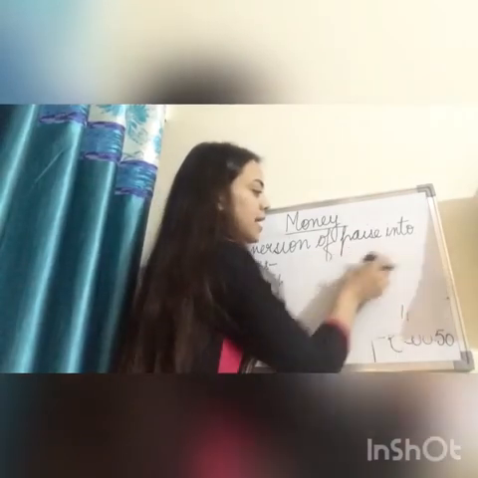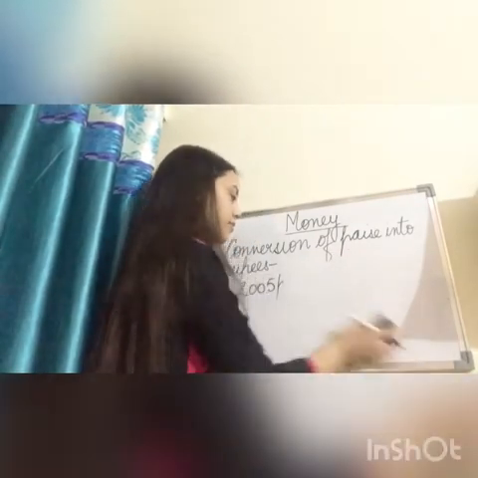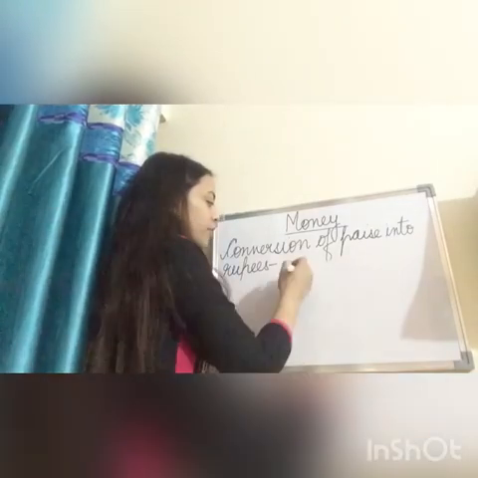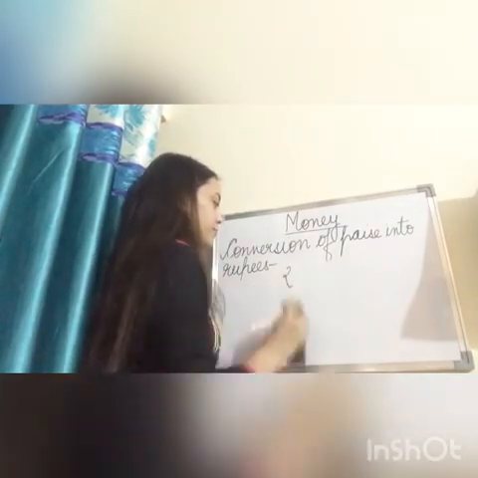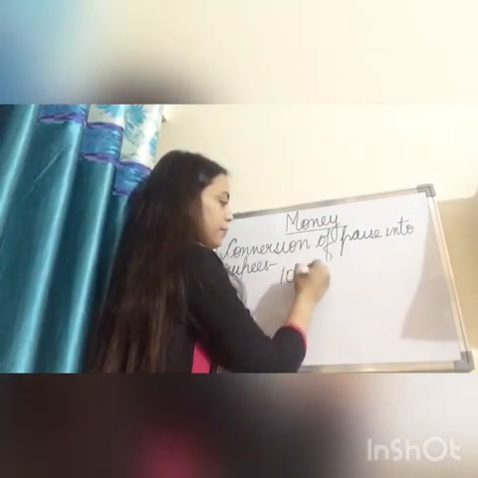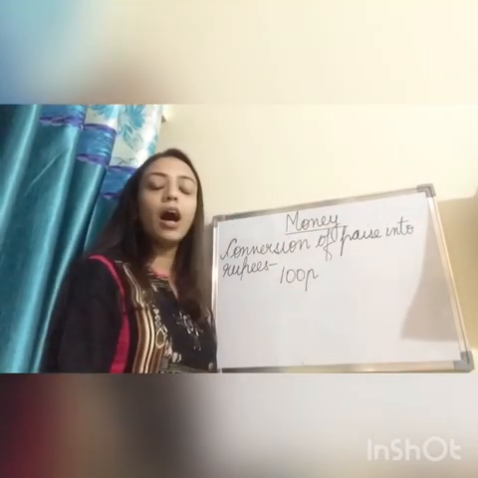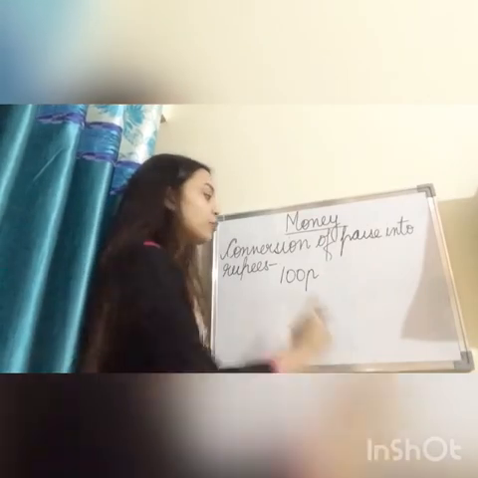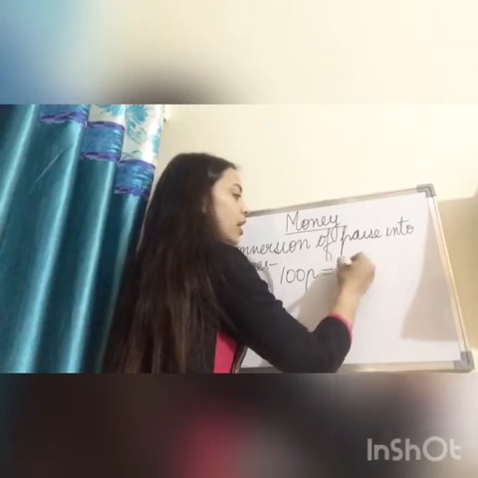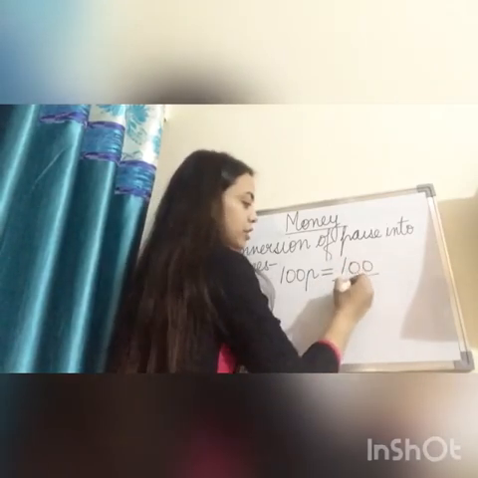One last example. 100 paise. Now how did we get rupee 1 out of 100 paise? It is equal to 100 upon 100.